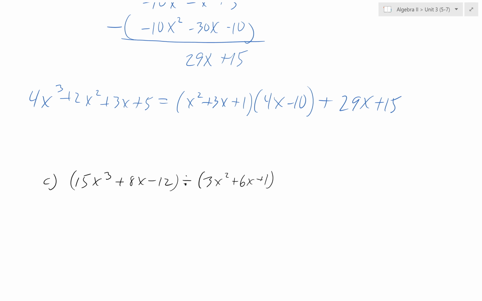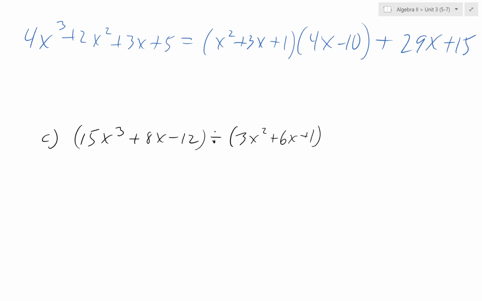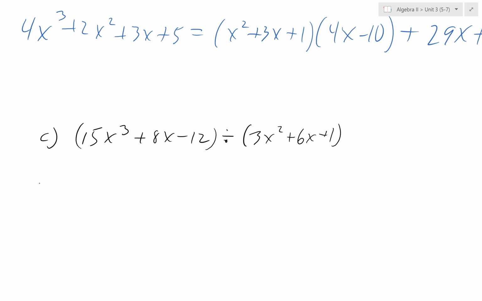Okay, now when we write these problems in the division format, 3x squared plus 6x plus 1, when we put these polynomials in, we also want to check to see if there are any terms missing. So if we look at the polynomial 15x cubed plus 8x minus 12, what term is missing? What power? There's no x squared term.